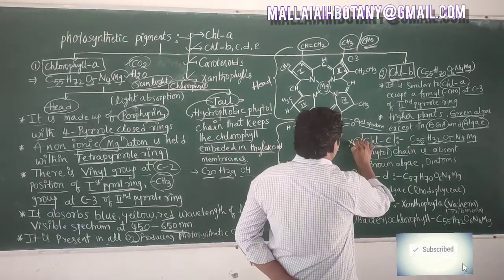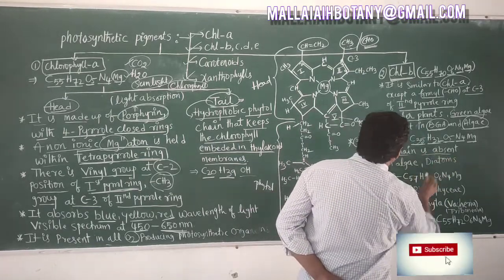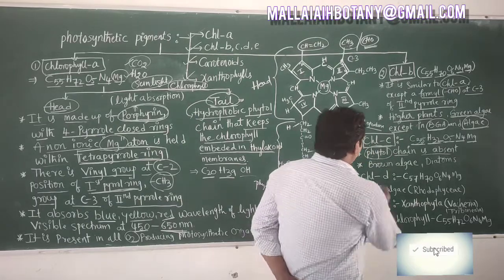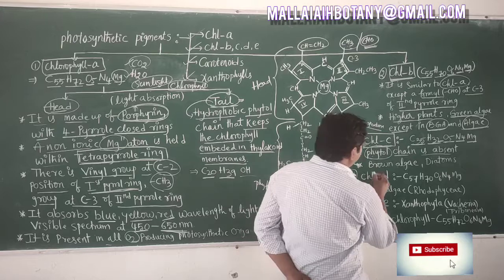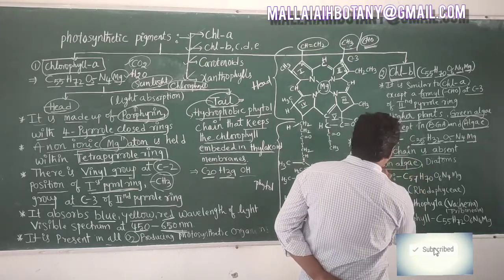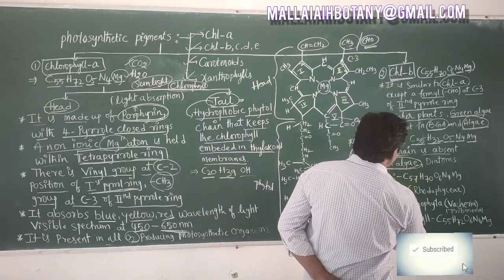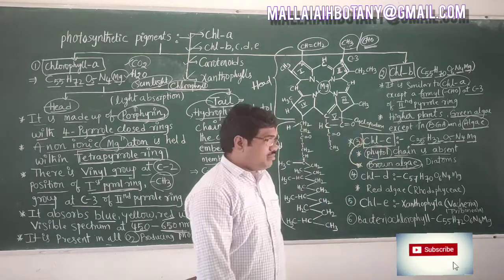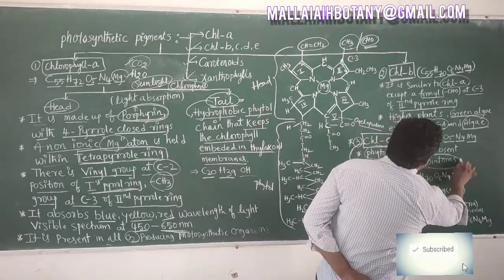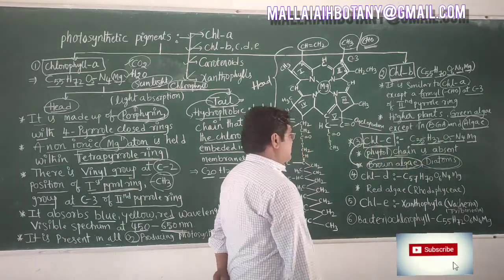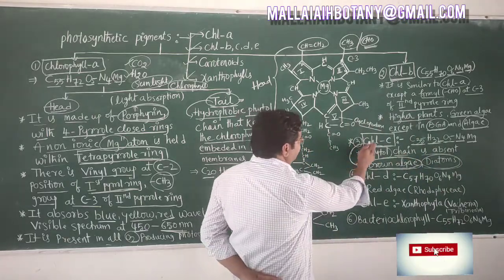This is the most important point. The phytol chain is absent in chlorophyll C, and chlorophyll C is present in brown algae. Brown algae belong to the Phaeophyceae. Chlorophyll C is also present in diatoms. So this is chlorophyll C.